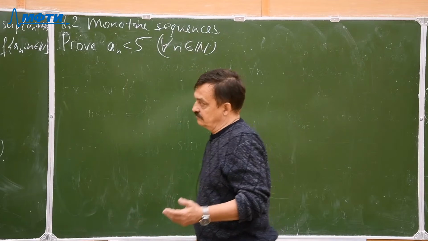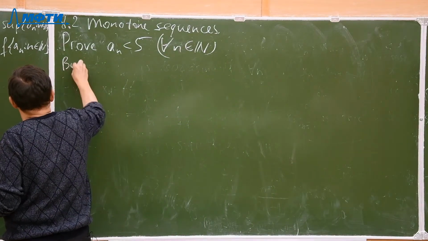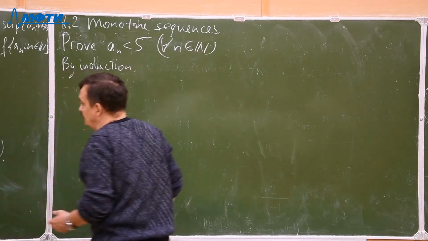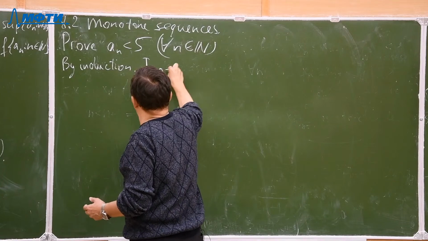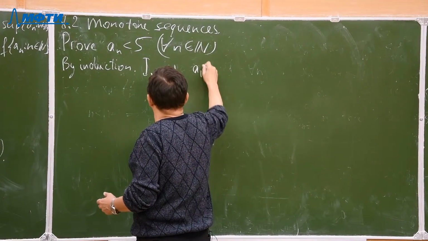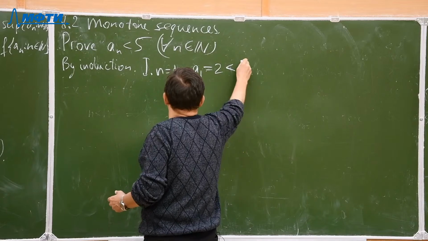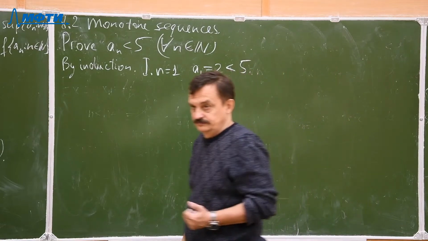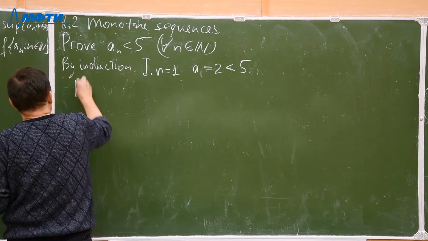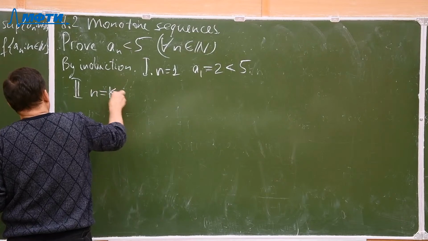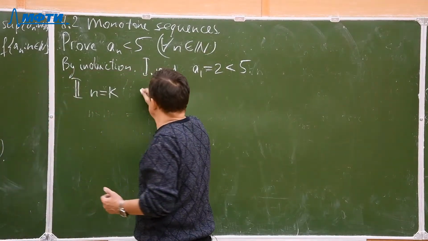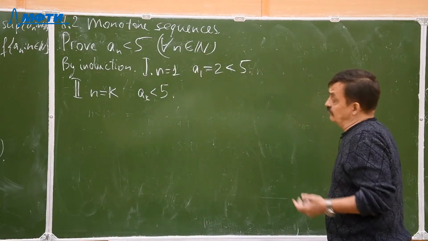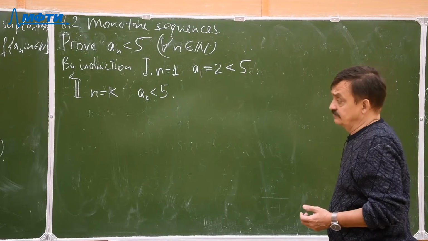And again, we do it by induction. The first step, n equals 1: a1, which is 2, is smaller than 5. Okay, true. Now, the induction hypothesis says that ak less than 5 for a certain index k.